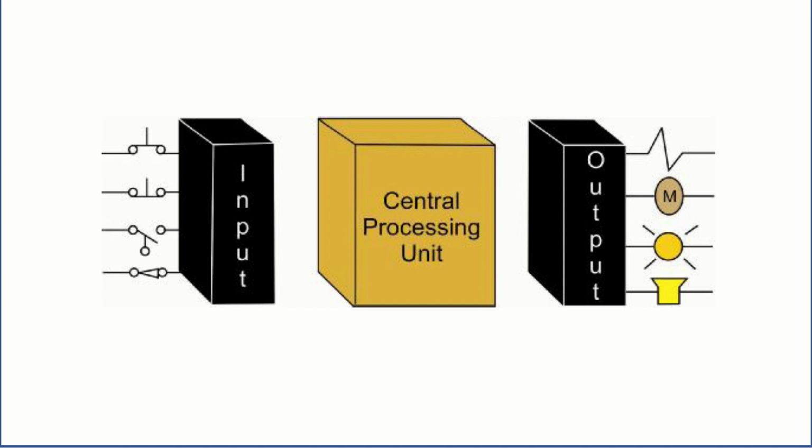You need to know the type of input card and output card that is being employed in the PLC by the manufacturer very well in order to connect your sensor or the actuating device to the PLC.